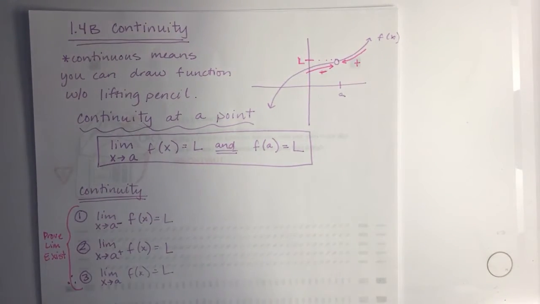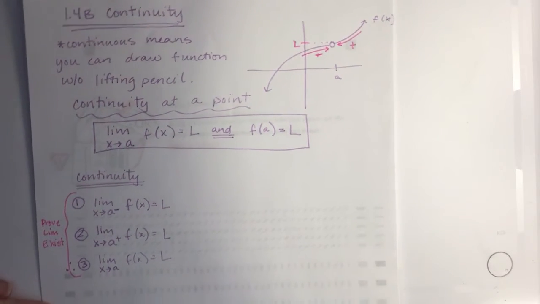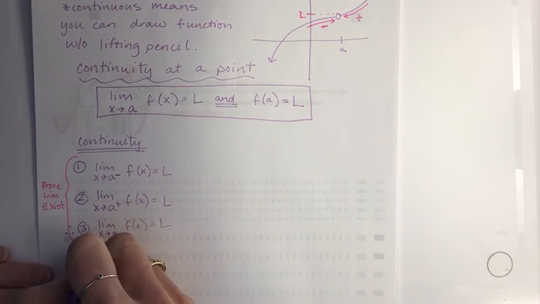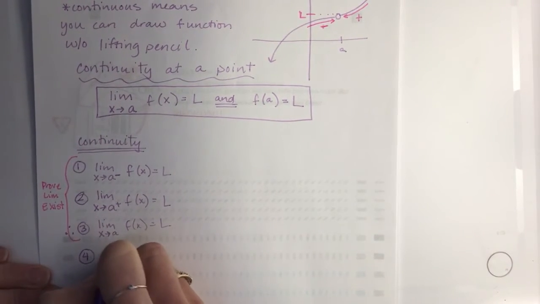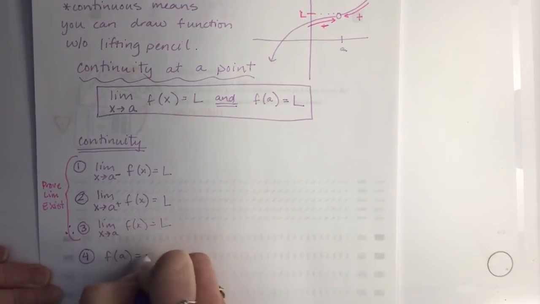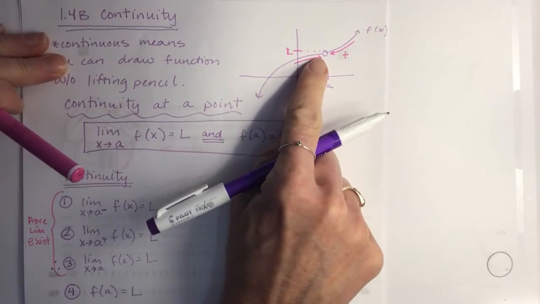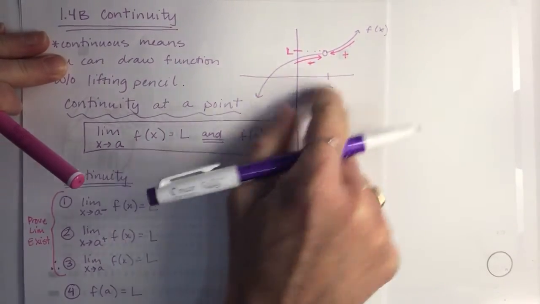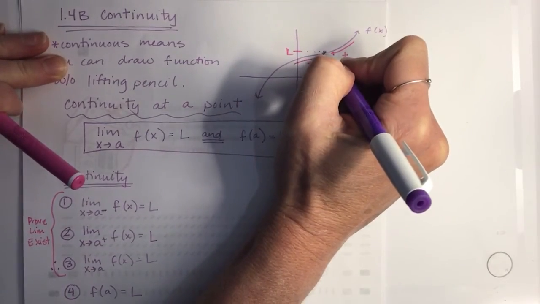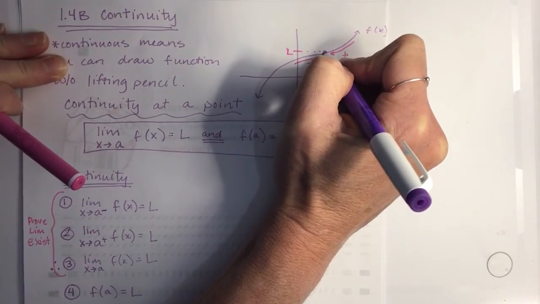Can you see that? Good. The last step for continuity is we're going to add a step 4, where we plug in A, and that has to equal L. So here what we're doing is filling in that hole. Do we get L when we plug in A?